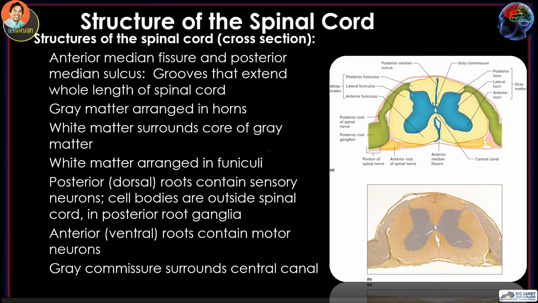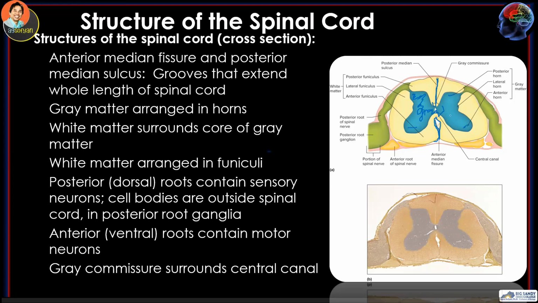And if you look at the middle, there is a darker color, and this is what we call the gray matter. Yeah, it looks like a butterfly. It makes what we call the horns. So there are 4 horns of this gray matter.